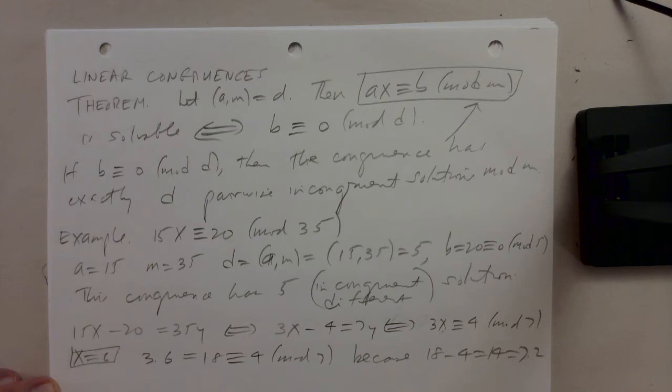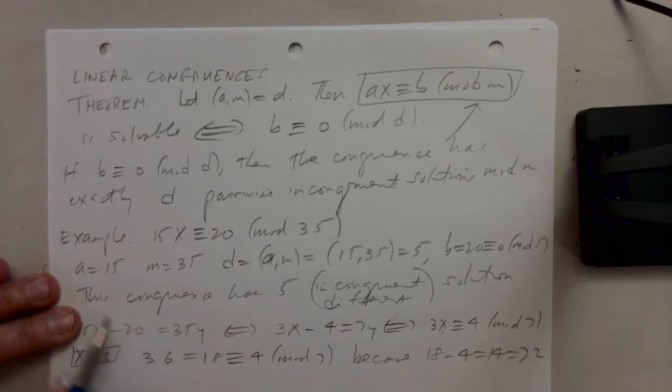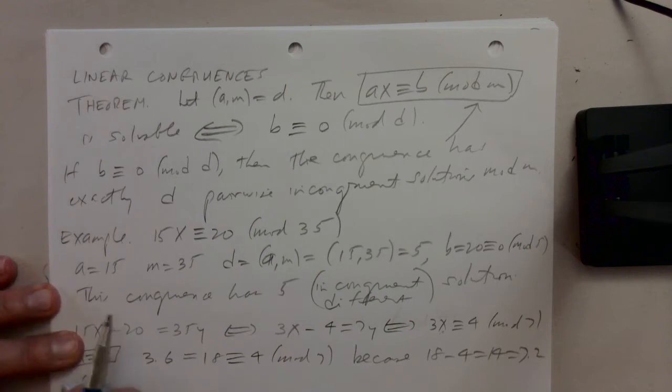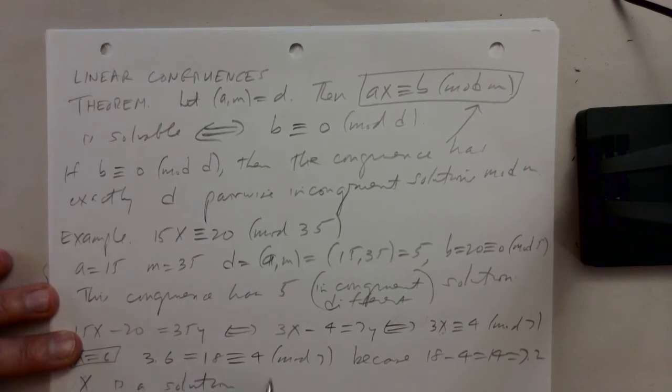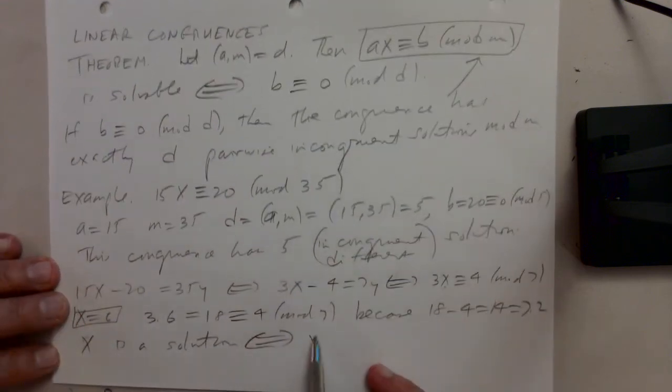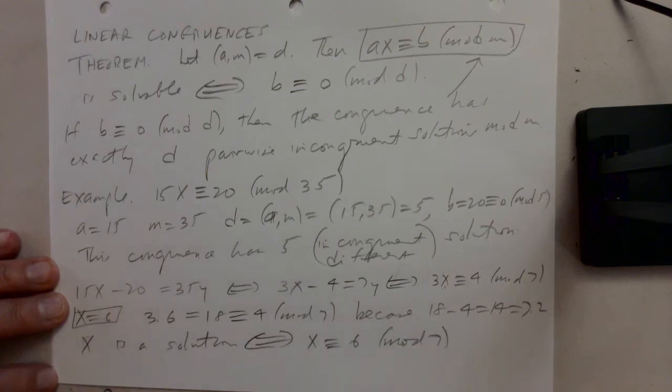And if x is a solution, we have infinitely many different solutions. X is a solution if and only if x is congruent to 6 mod 7.